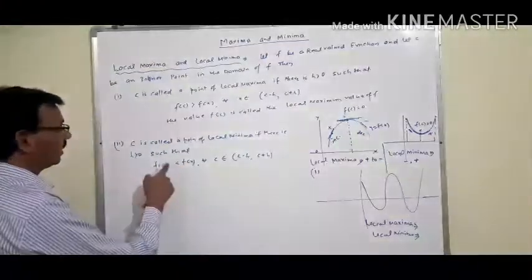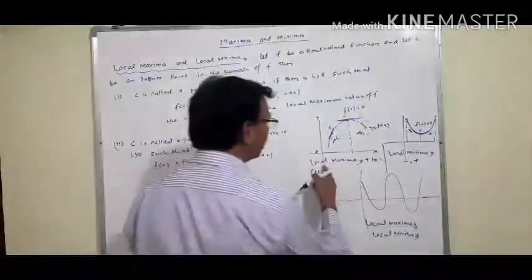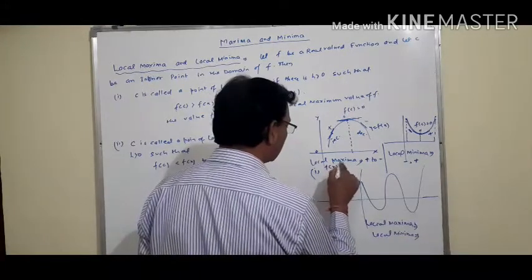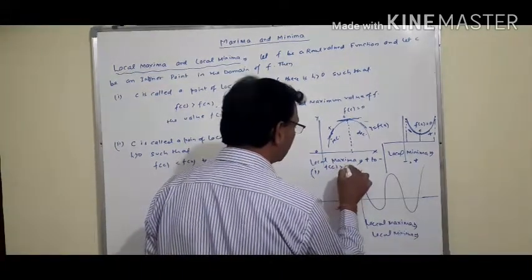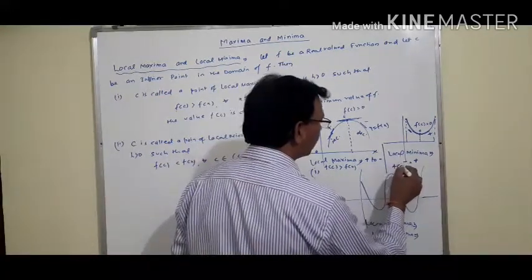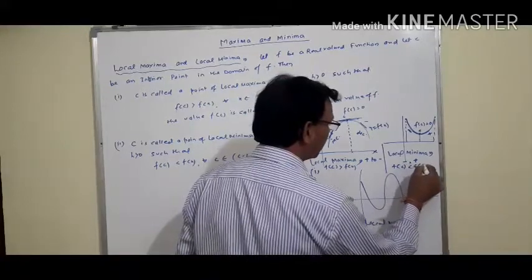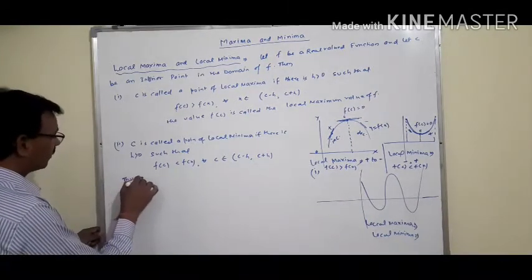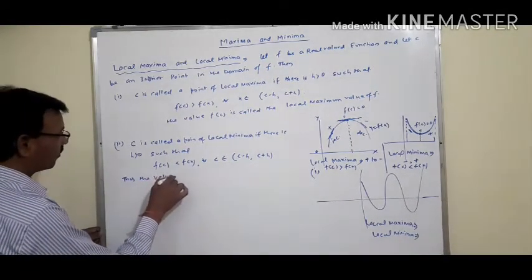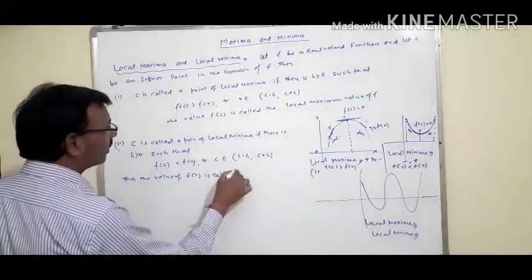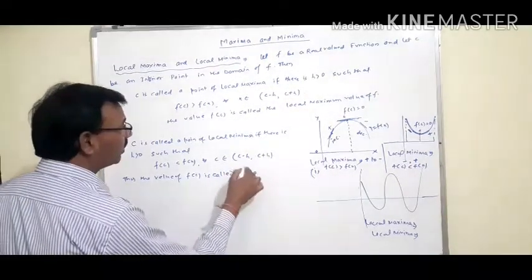In this situation, the local maxima condition is f of c is greater than f of x, and for local minima f of c is less than f of x. The value of f of c is called the local minimum value of f.